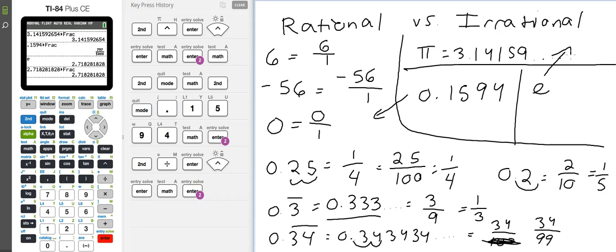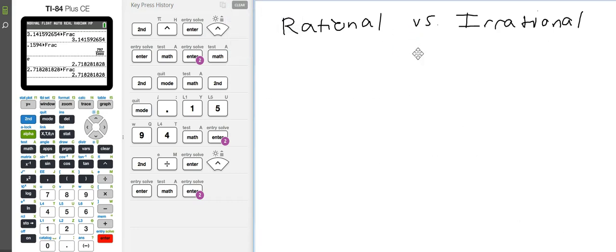Let's see what's a number that is a perfect square. Let's clear the screen so that we can have more space. Okay. A perfect square is a number like the square root of 4. The square root of 4 is, we want to know, is there one number that we can multiply by itself to give us 4?